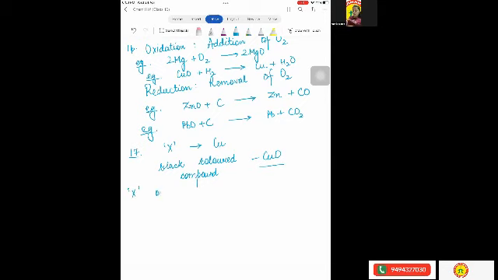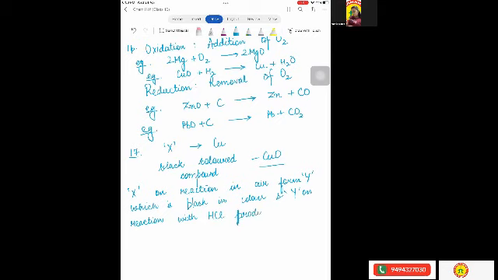Compound X on reaction in air, this is not of NCERT, forms Y, which is black in color, and Y on reaction with HCl produces Z, which is blue-green in color.